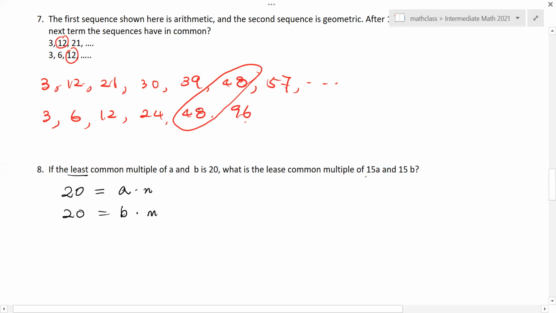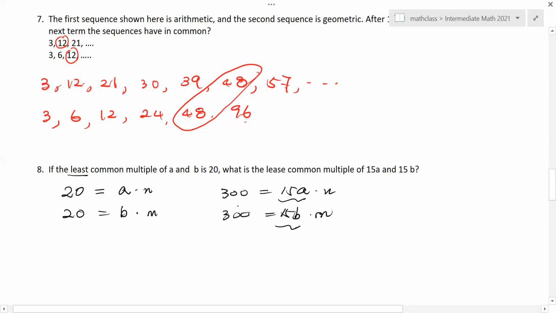Now for 15A and 15B, I multiply by 15. So 15 times 20 is going to be 300. That's 15A times M, and 300 is also 15B times M. So 300 is a multiple of both 15A and 15B.